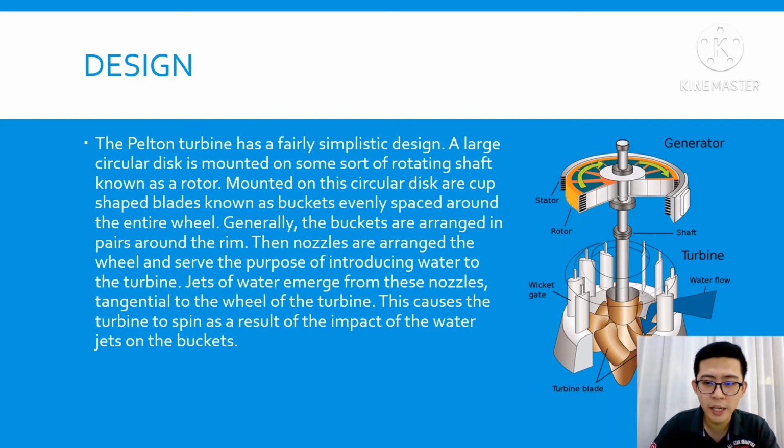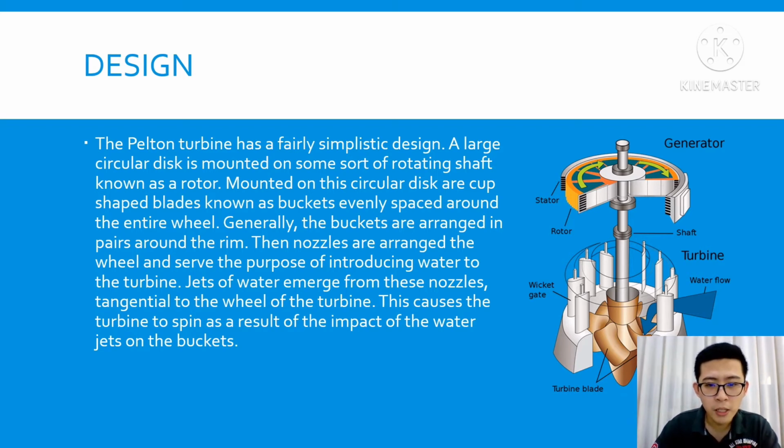When we come to the design, the Pelton turbine has a very simplistic design. A large circular disc is mounted on a rotating shaft known as a rotor. Mounted on this circular disc are cup-shaped blades known as buckets, evenly spaced around the entire wheel.